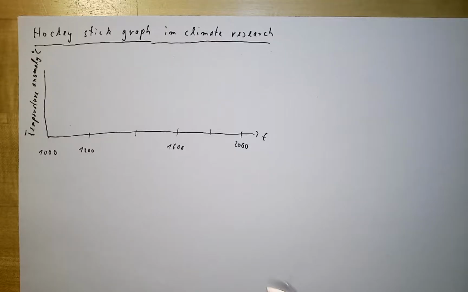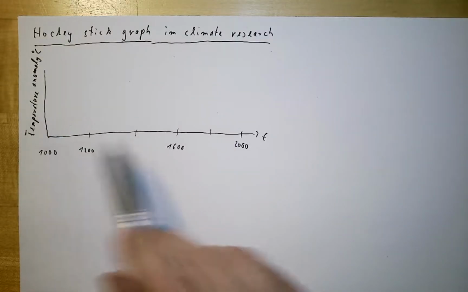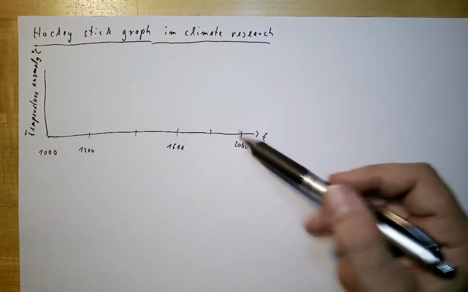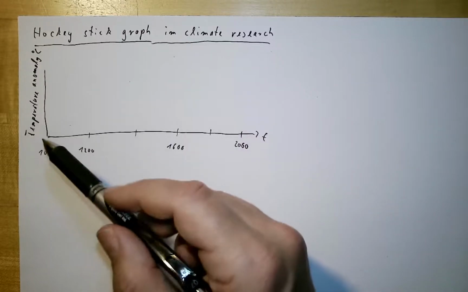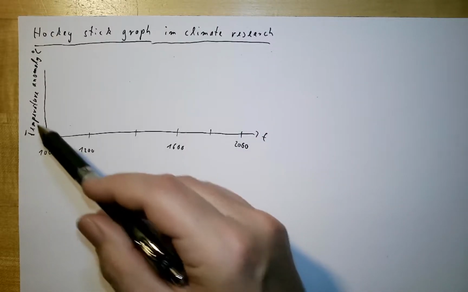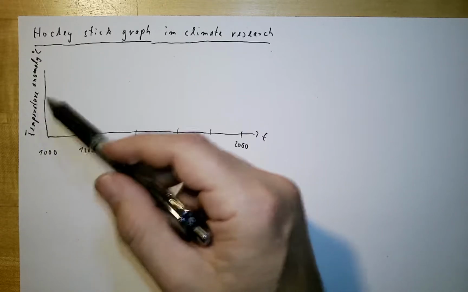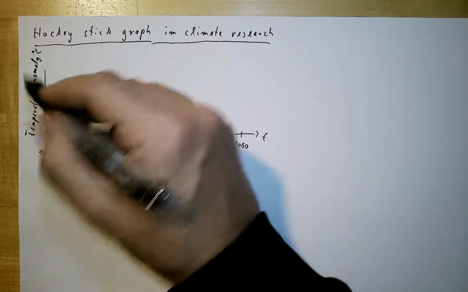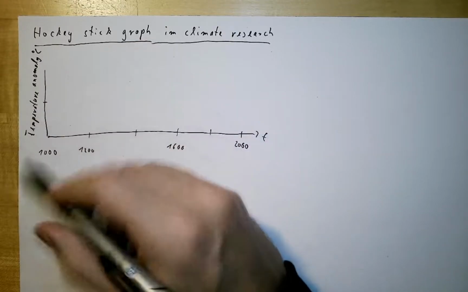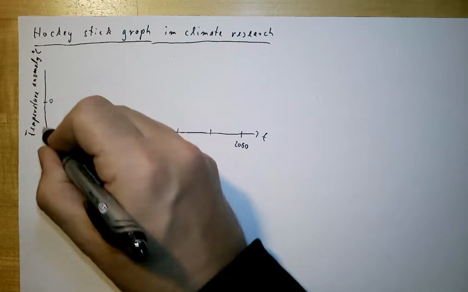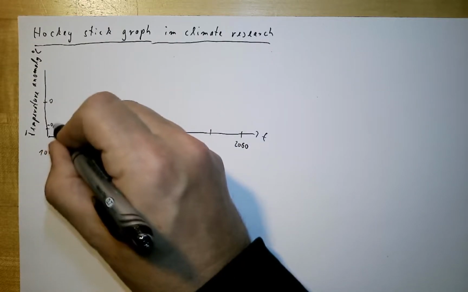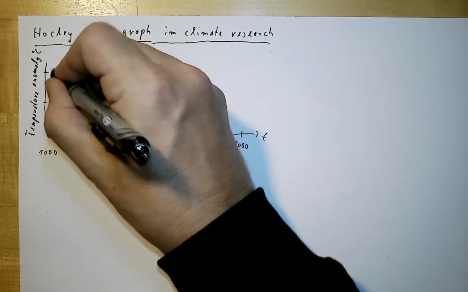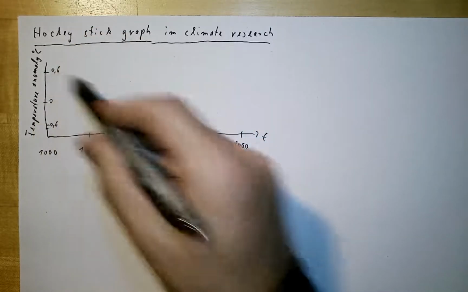So what we mean by this, we try to find out in centuries, some centuries before us, what was the typical temperature on Earth, and so we look at the deviation from something normal. So we have maybe here some 0, so we measure this in degrees, and here we have something like minus 0.6 Celsius, and here we have plus 0.6 degrees Celsius.